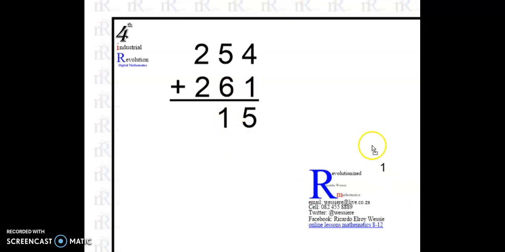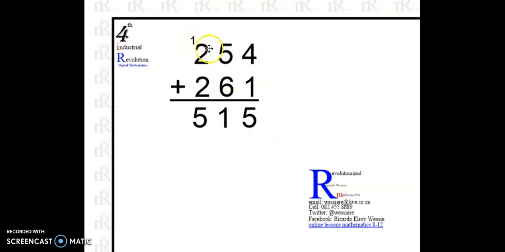The 10 is carried to the 2. Then 2 plus 2 is 4, plus 1 is 5. My answer is 515.